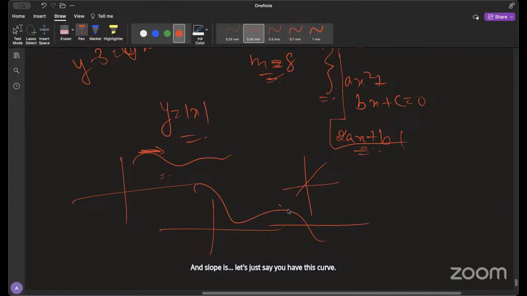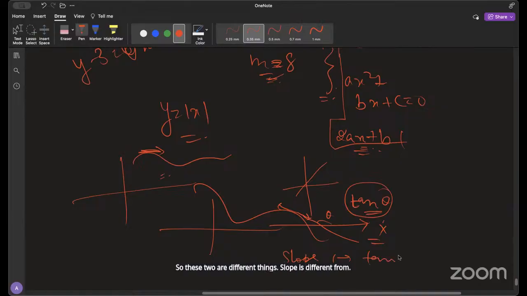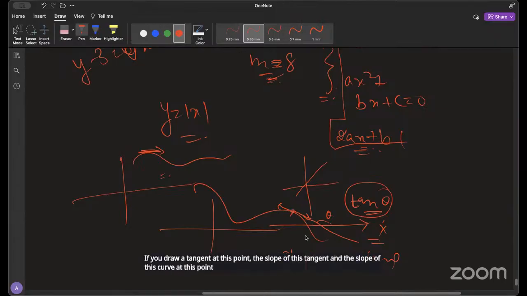So your tangent is this line, and your slope is the tan of the angle that this line makes with the positive x-axis. That's what this is. Is that all right? So these two are different things. Slope is different from tangents. In fact, if you draw a tangent at this point, the slope of this tangent and the slope of this curve at this point are same. Is that clear to everyone?